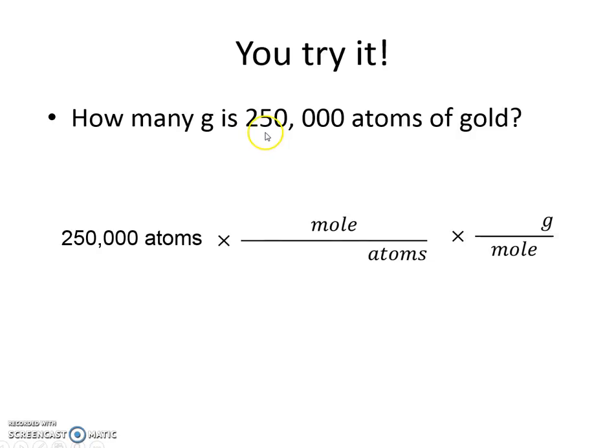Now here, 250 atoms of gold, you might have had some trouble figuring out how to get to grams, but remember, we can go from atoms to mole, and then we can go from mole to gram. So what number belongs with atoms? Remember, that's 6.022 times 10 to the 23. How many grams? What number goes with grams?